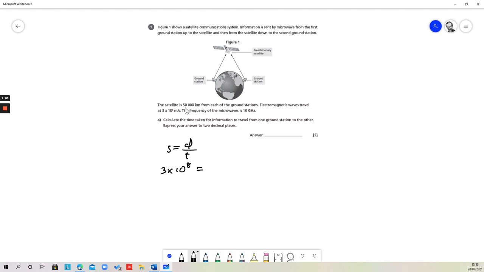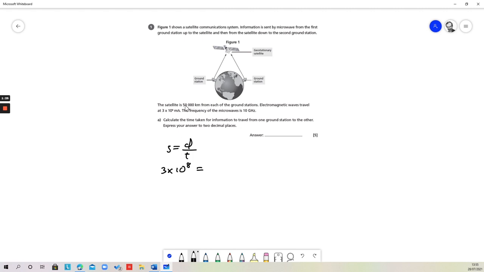So the distance here now is 50,000 kilometers to go from there up to the satellite, and then another 50,000. So that's going to be 100,000 kilometers. 100,000 is 1 times 10 to the power 5. But we're going to convert everything into meters because we've got the speed in meters per second.